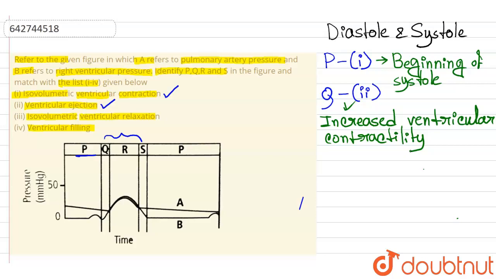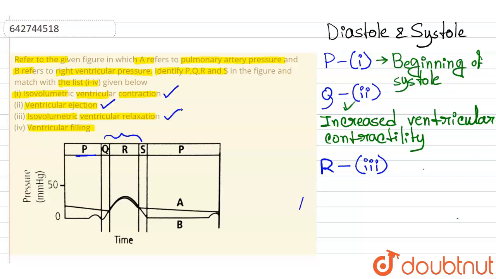So next one is R, and R is the isovolumetric relaxation. So R is option 3, that is isovolumetric ventricular relaxation. So when the ventricular pressures drop below the diastolic, aortic and pulmonary pressures, the aortic and pulmonary valves close.